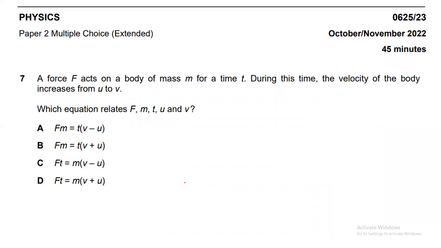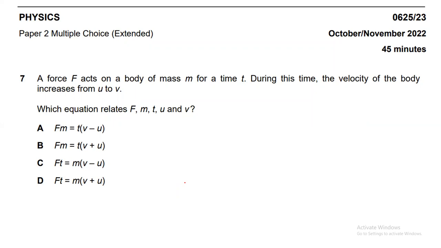October, November 2022, 2-3 paper. Question number 7. A force F acts on a body of mass m for a time t. During this time, the velocity of the body increases from u to v. Which equation relates F, m, t, u, and v?